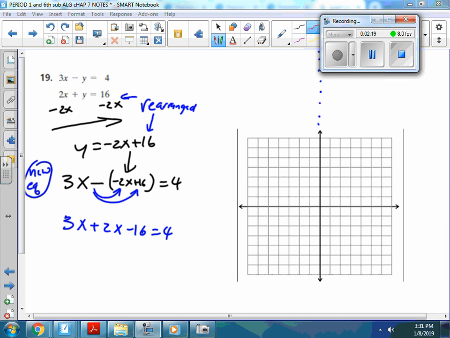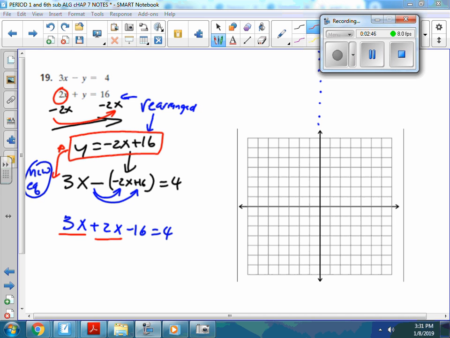A couple things happened here. We had to move this 2x over by subtraction to create this equation, and so we're making two new equations basically. So here's a new equation, but we're going to take this new one and sub it into the first one to create an even newer equation. This one has all x in it. We're going to solve it.